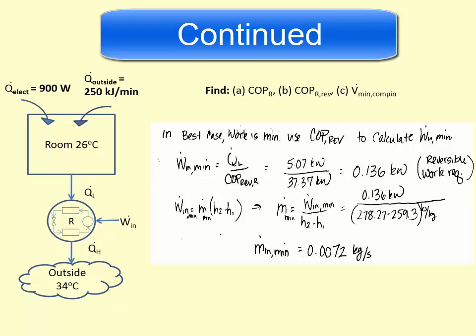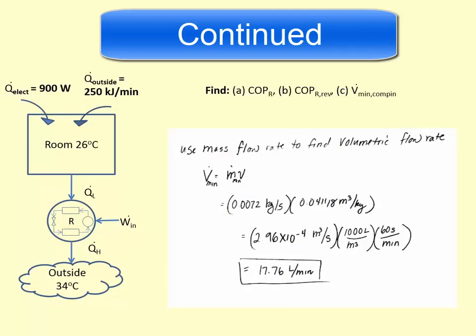So we found the mass flow rate. Now again, we have to convert it to volumetric flow rate. So V dot reversible is equal to specific volume at state 1 times m dot reversible. Excuse me. So the specific volume, again, doesn't change: 0.04118 meters cubed per kilogram multiplied by this m dot reversible, 0.0072 kilograms per second.